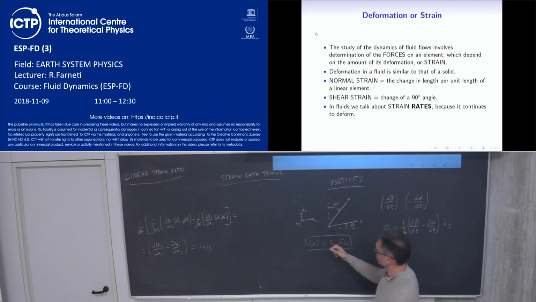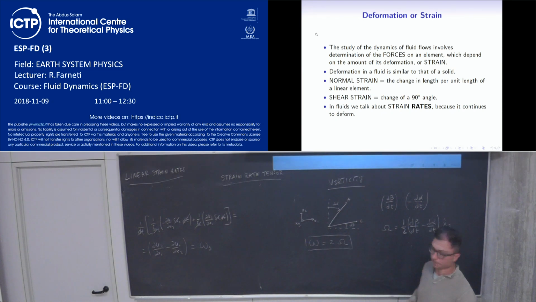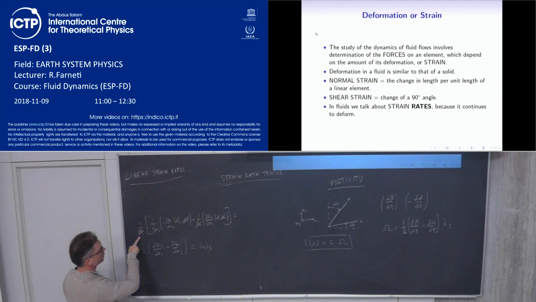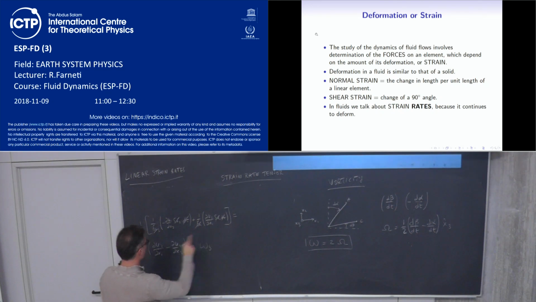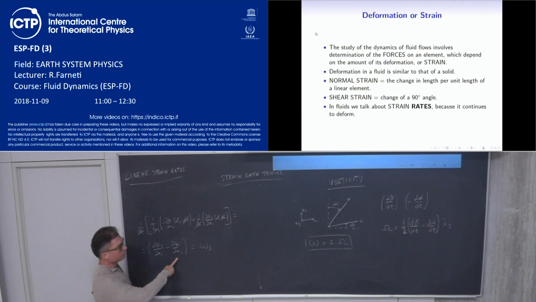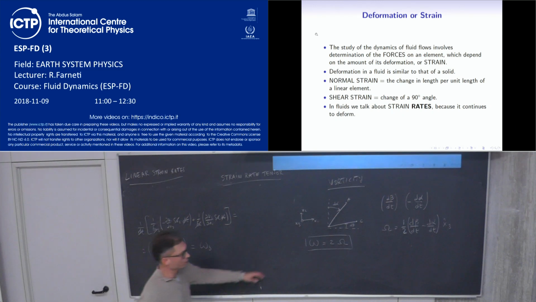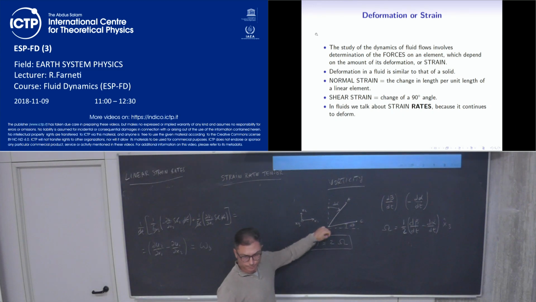By definition, the vorticity is twice the rotation rate. Okay, so this 1 over 2 disappears. So you substitute your beta and alpha with the definitions that we gave before in that simple case. So the rate of change is, you put the d by dt outside, substitute, and you end up with this. Okay, so this is the third component of the vorticity, because it's in the third axis.